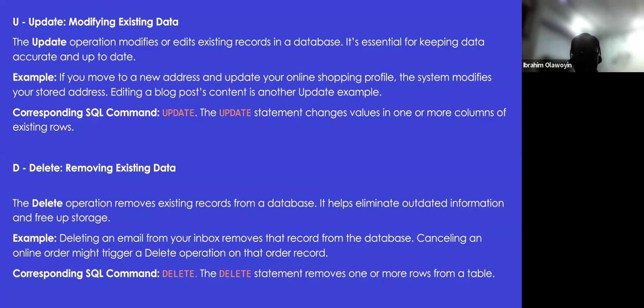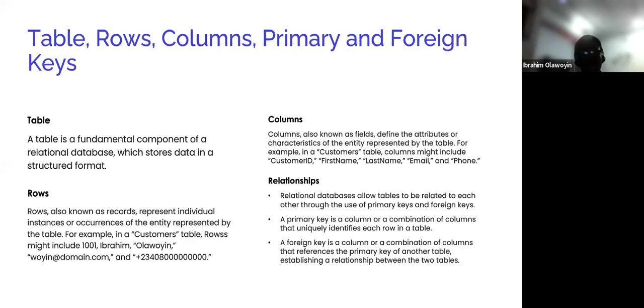I've been using some terms. I've been mentioning table, I have also mentioned rows, and I have also cited columns. So what are these concepts? How are they related to a database?